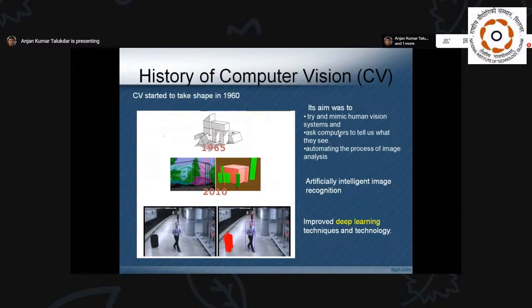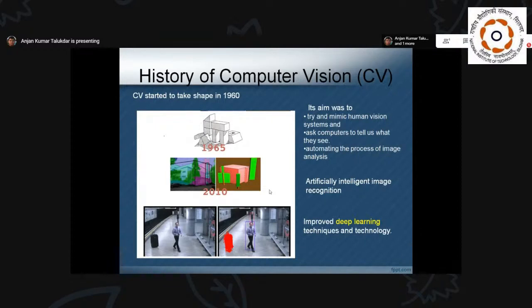Okay, so initially in around 1965, basic features were detected like shape, boundary, etc. Then in around mid-2010, artificial intelligence came into play.